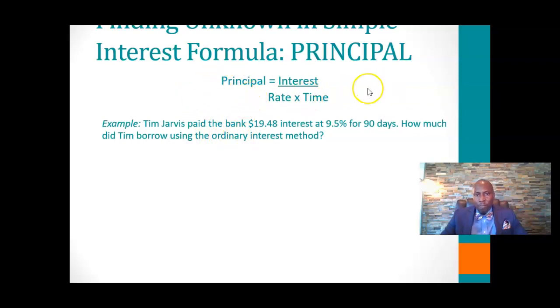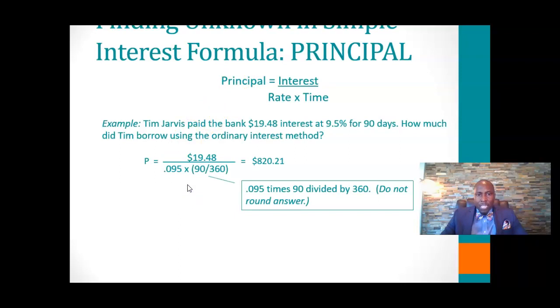I've rewritten the formula so the principal is now by itself, and we're solving for the unknown variable. The interest earned was $19.48. Interest rate is 9.5%, which is 0.095 as a decimal. And because we're using the ordinary method, and it's 90 days, your time would be 90 divided by 360.